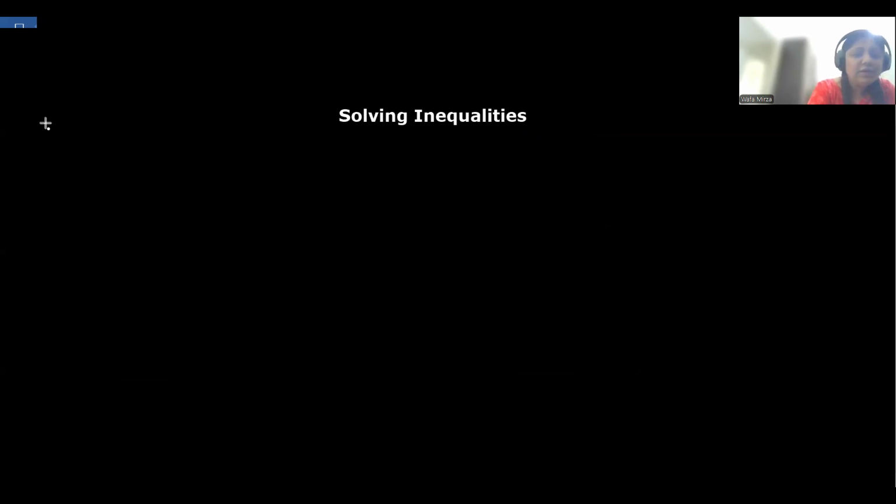So let's see the first question. You are given 2x plus 4 is less than 8. So you have to find all values of x for which this inequality will be true. First of all, what do we want to find?